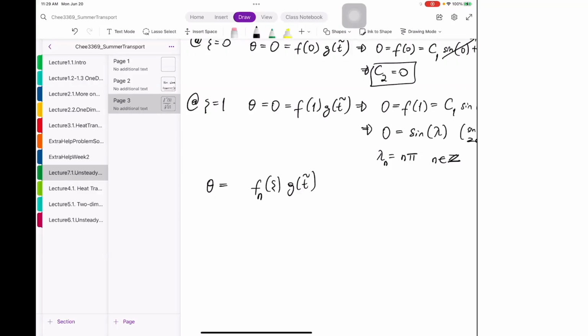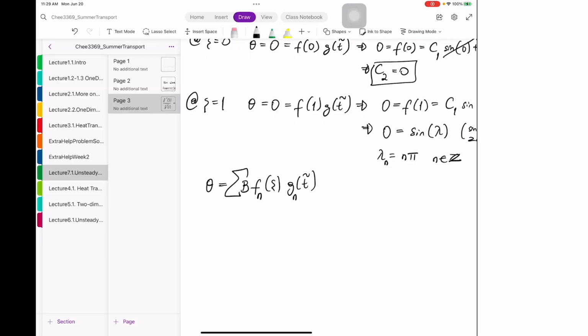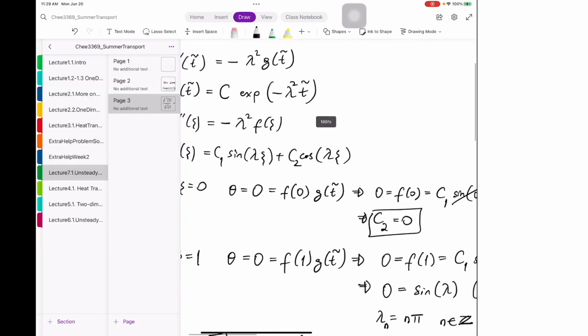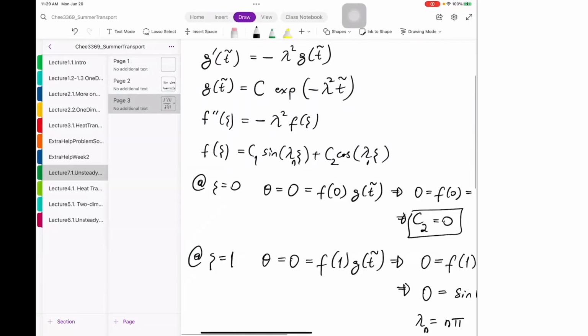Since for different lambdas I get different g values, I can also index the g values, but it's going to be just a superposition of those, and I need to use some constant b n. So my solution should look like this. In the previous attempts, let's label these lambdas by lambda n. Let's label this corresponding f as f n.